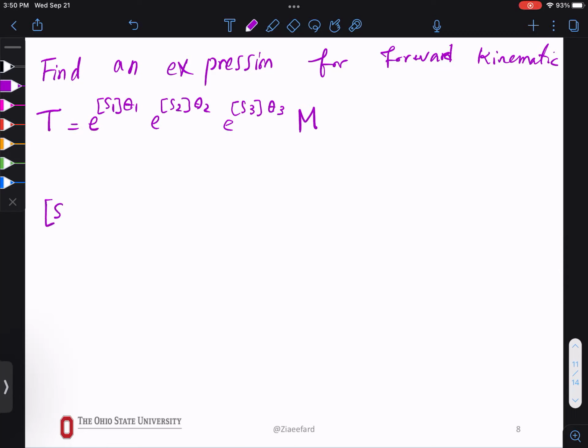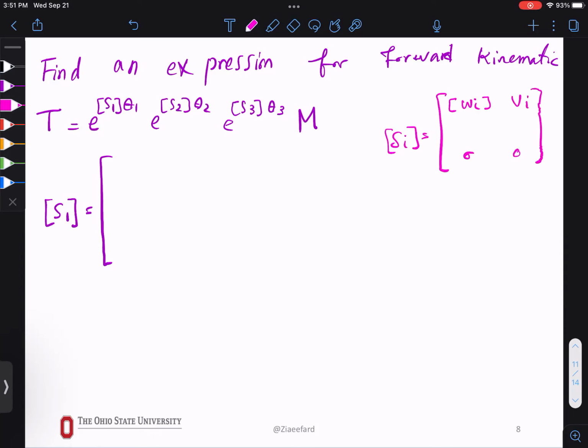Now you have to create the matrix representation of your S1. And if you remember, the equation for the S_i matrix representation was the skew symmetric omega i, v i, 0 and 0.